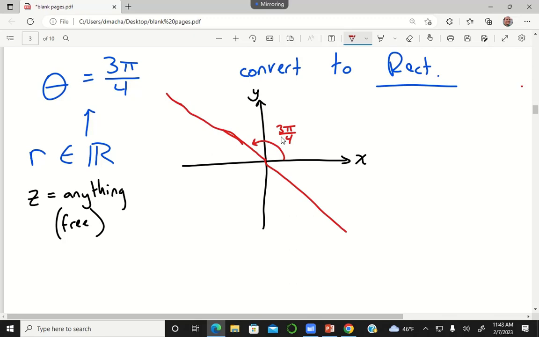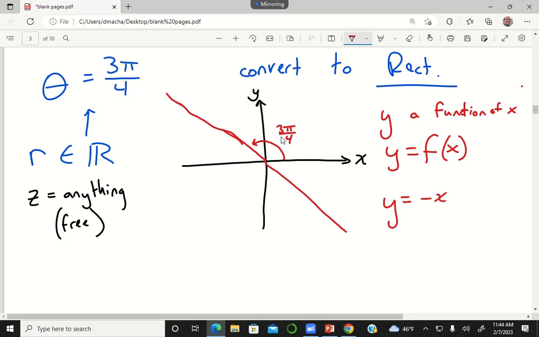So anyway, give me an equation that makes y a function of x. Anybody? Perfect. If I just say y is equal to negative x, writing y equals negative x implies that z is a free variable and z can take on whatever values it wants.